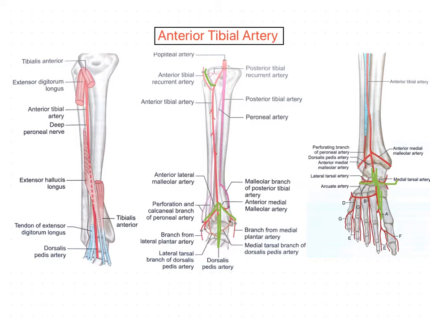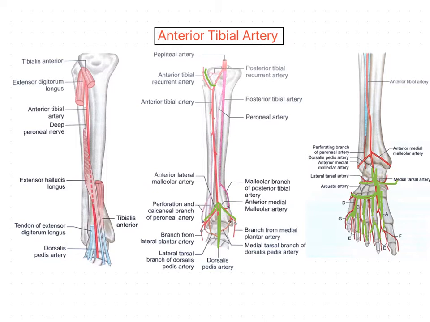Before that, it gives an arcuate artery, which gives digital arteries for the second, third and fourth interdigital spaces, and these finally give a pair of small digital arteries which supply the toes. In this way, the anterior tibial artery terminates.